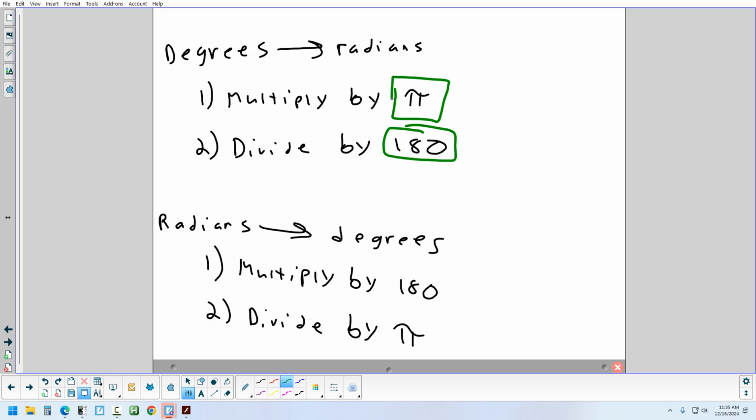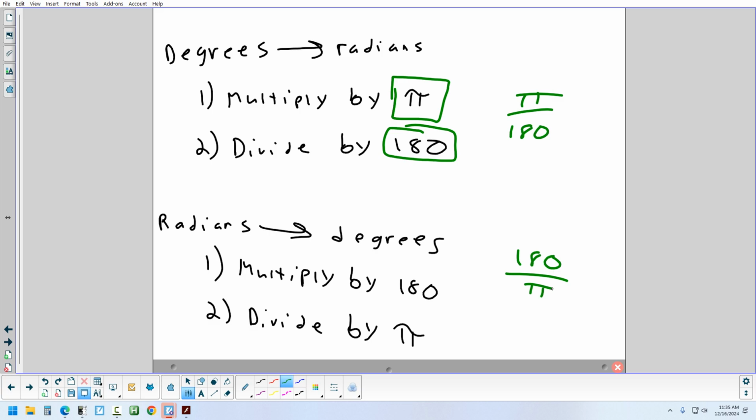If you associate the number pi with the word radians and the number 180 with the word degrees, all of that becomes kind of automatic, and you don't even really have to memorize which one is which. There's only 2 conversions you need to remember. One of them is pi over 180. The other one is 180 over pi.